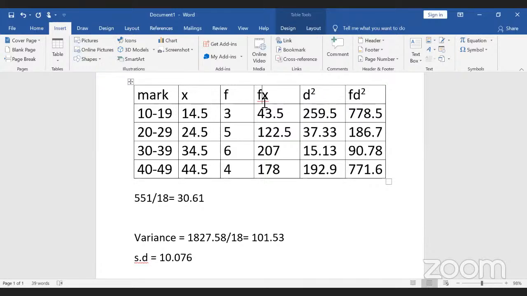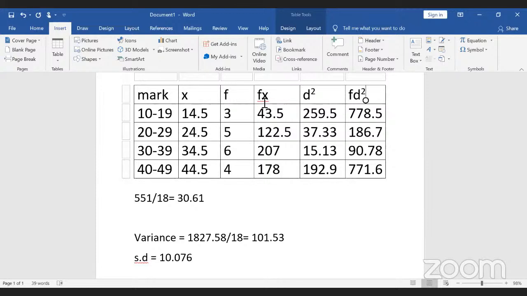Now, if you are careful, you will notice that it is almost the same thing that we are working with, only that now we are saying d squared. But at the back of your mind, you should know how d came about. Then number 2, why are we squaring it?